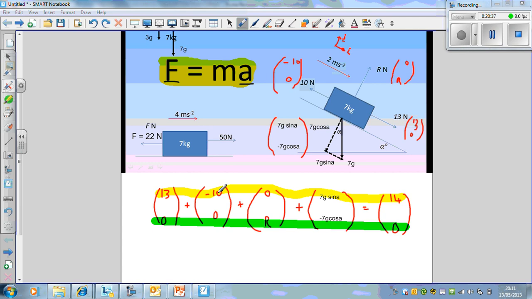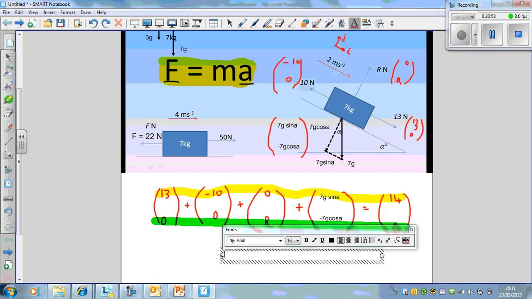Now we have 13 minus 10 plus 7g sine alpha A is equal to 14. Now 13 minus 10 is 3, so 7g sine A has to be equal to 14 plus 10 minus 13, which is 11.